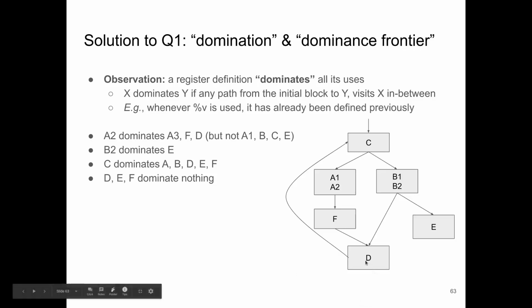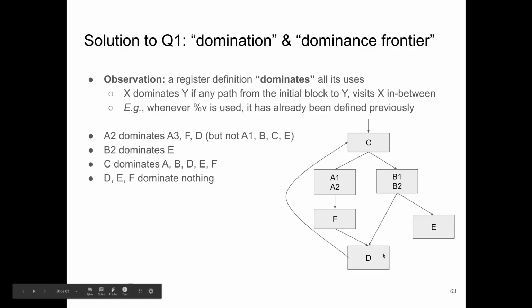So it is the invariant of the IR. If V is used here, then we have to guarantee that V is defined either in D as an instruction, or it should be defined at C. It is never the case that V is defined at F and it is used here.